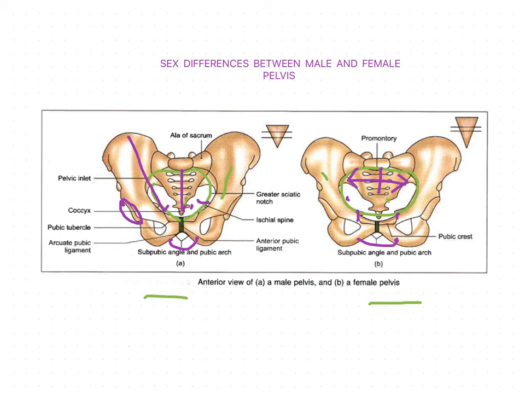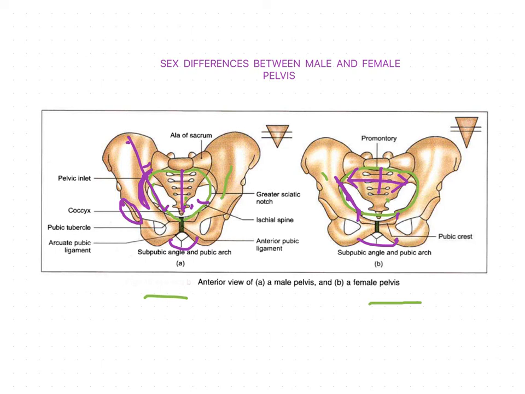So the pelvic part of the chylotic line is relatively longer in female than in males.